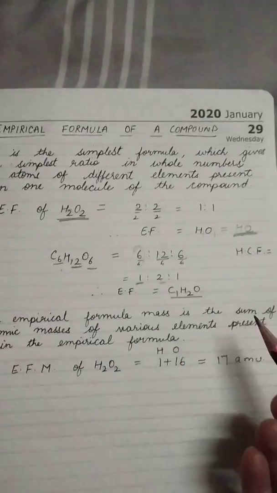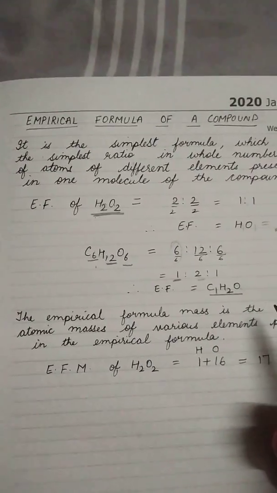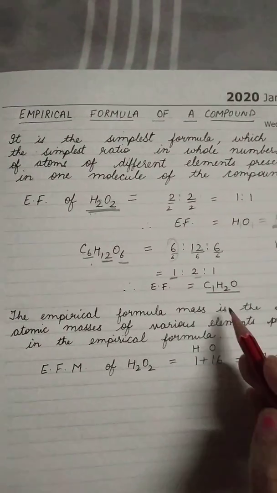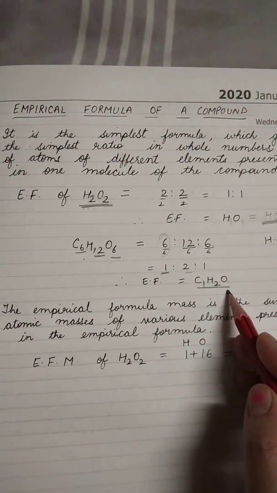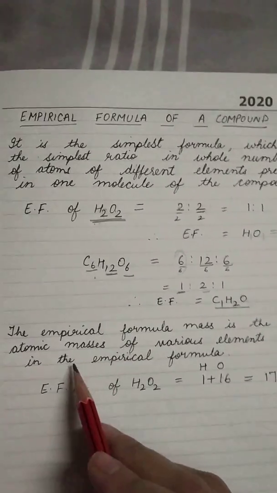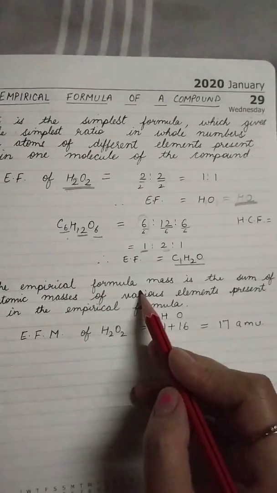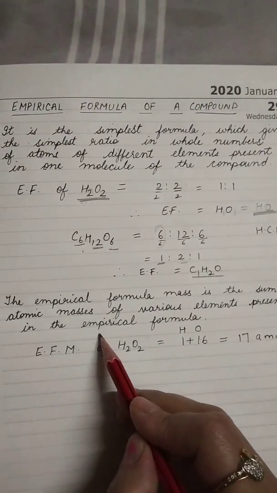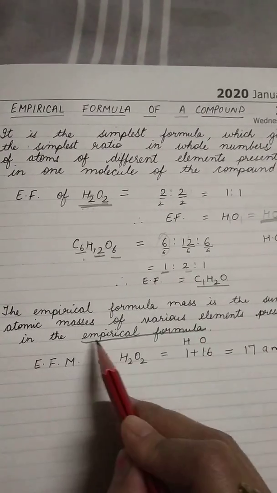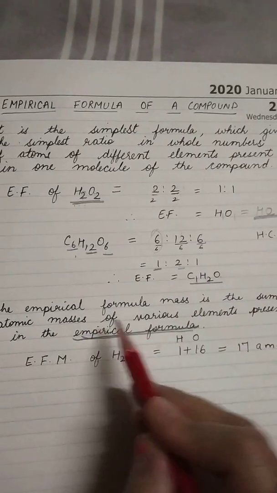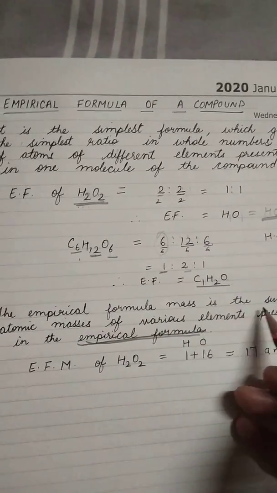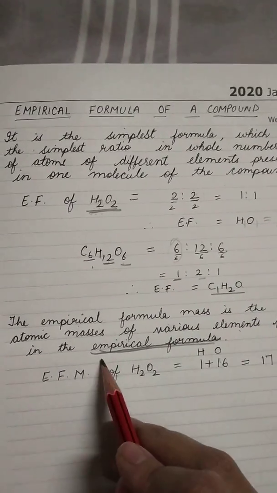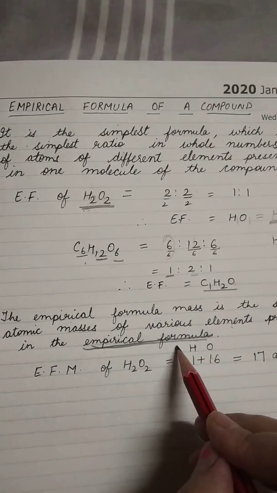As we have calculated the molecular mass, in the same way we can calculate the empirical formula mass. Same procedure, same method. The empirical formula mass is the sum of atomic masses of the various elements present in the empirical formula. This is important: we are talking about the atomic masses of elements present in the empirical formula and not the molecular formula.